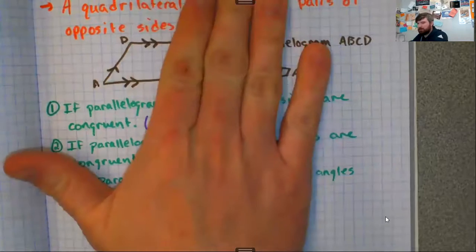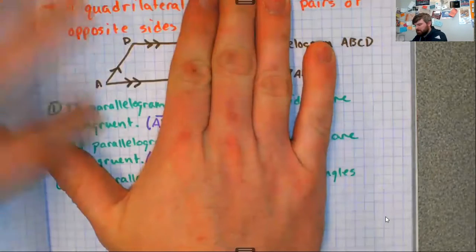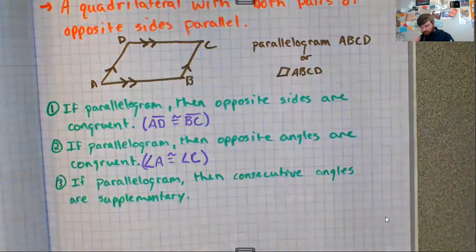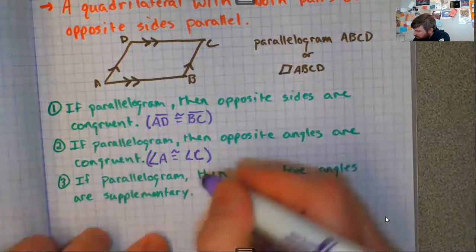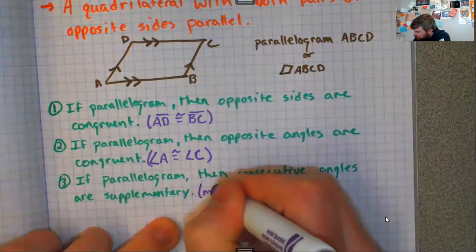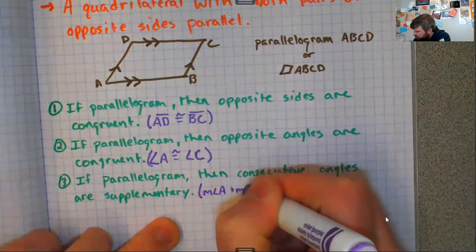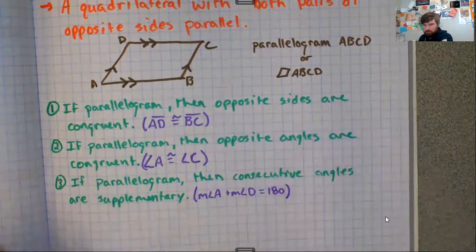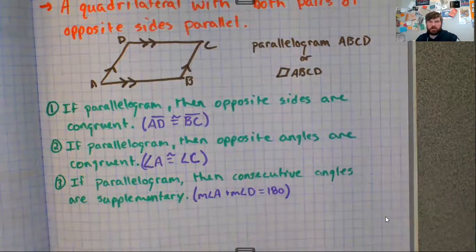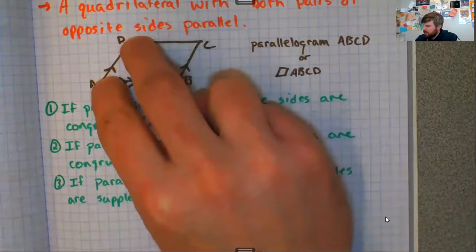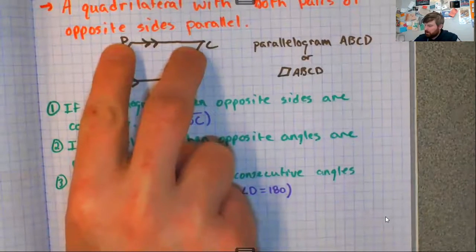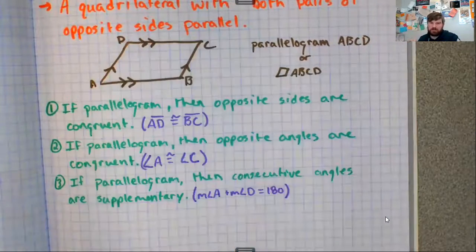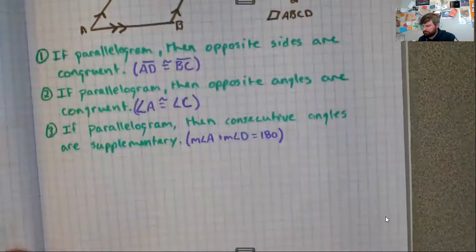Okay, if I cover this side up, here are my parallel lines, here's my transversal. These two angles right here are supplementary, meaning they add up to 180. So here we have measure of angle A plus the measure of angle D equals 180 degrees. But I can use any two consecutive angles. I used A and D. I could have used D and C, or B and C, or A and B. Any two angles that are right beside each other will add up to 180 degrees.